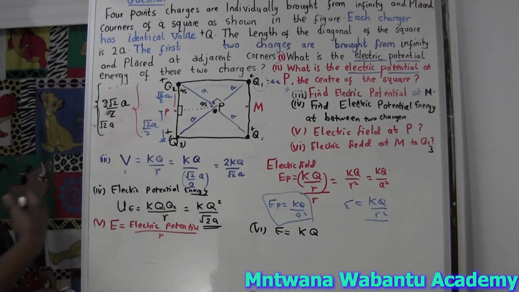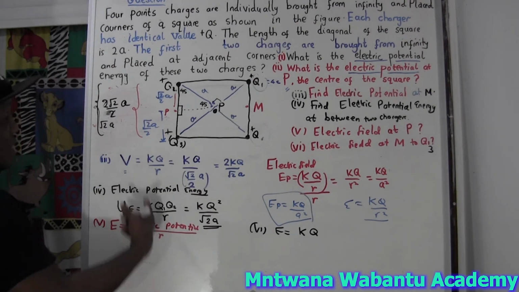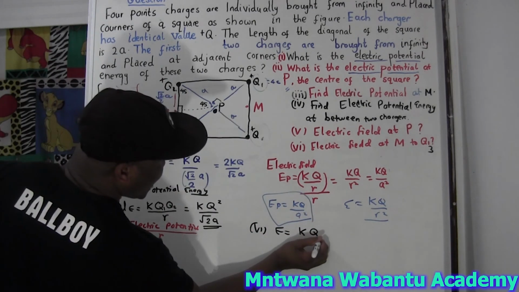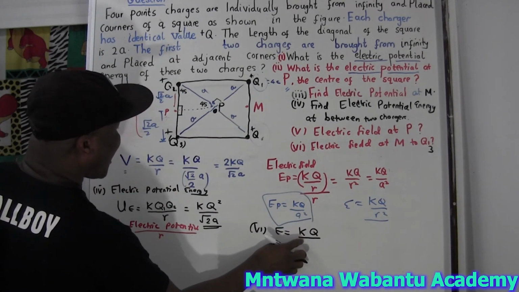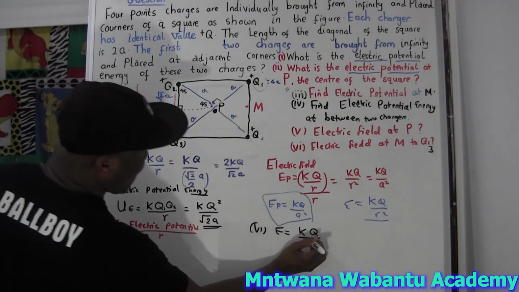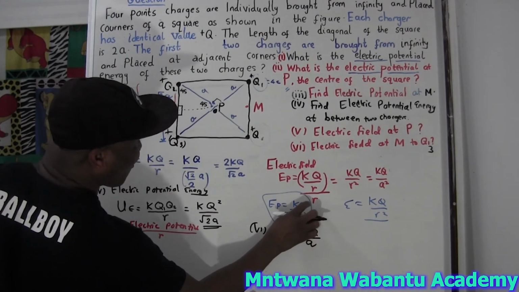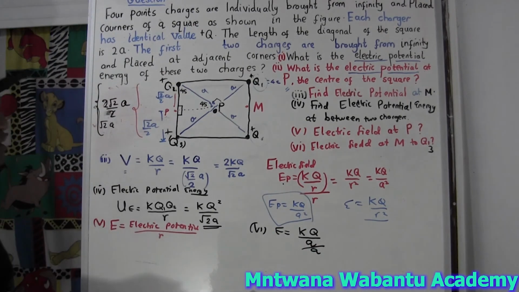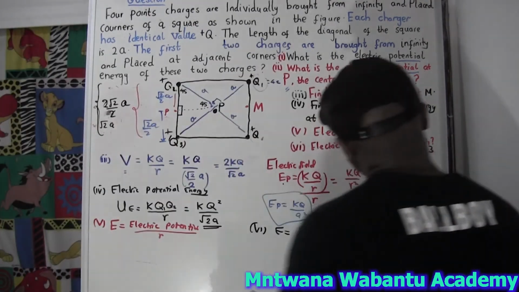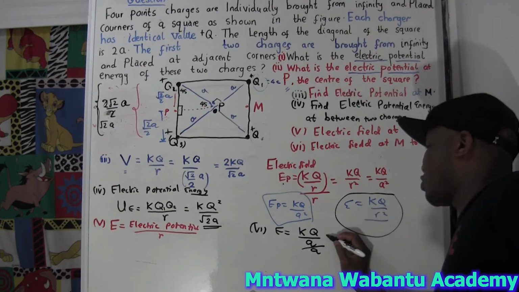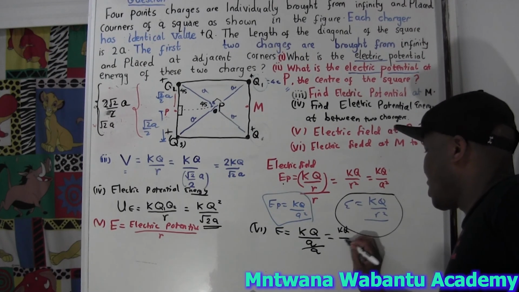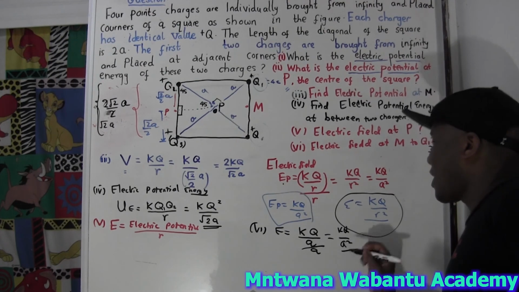If it's negative, you plug in negative; if it's positive, you plug in positive. So it's going to be Q, because Q1, Q2 and Q3 are the same, over the distance from here to here, A. But we have to divide by the radius A because electric field is potential over radius. I could have used the shortcut straight away, but I'm trying to get you used to it. So this equals KQ, and this A comes here, A squared.